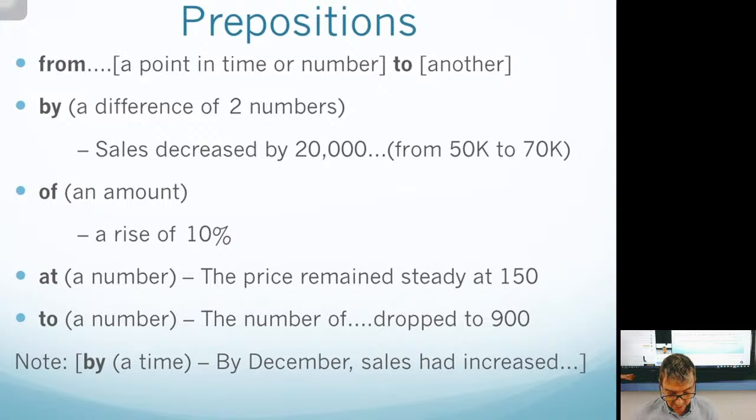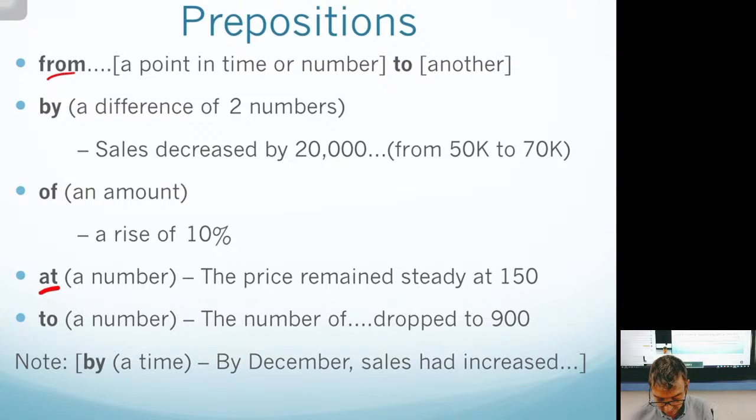All right, the final thing we need to look at, we've already had a brief glimpse of at and from, but we need to know prepositions. So from a particular point in time or number to another. So this could be like from March to April, for example.